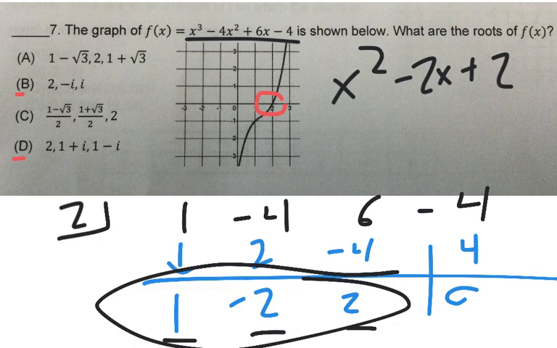Now then, to find my other 2 roots, so I found one of them, it's at 2. To find the other 2 roots, I either need to factor this or use the quadratic formula. So if I try to factor, what multiplies to be 2 but combined is -2, it doesn't work. I can't factor it. So I have to use the quadratic formula.